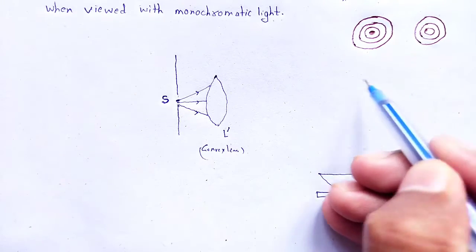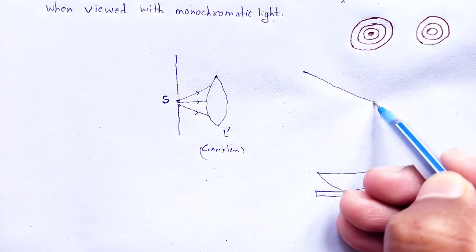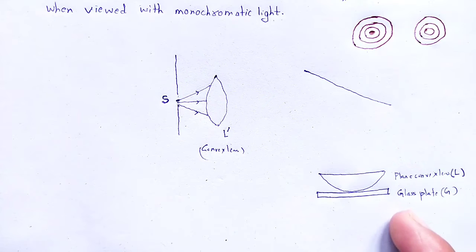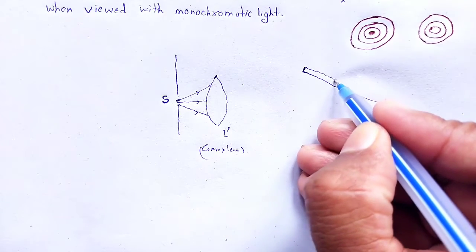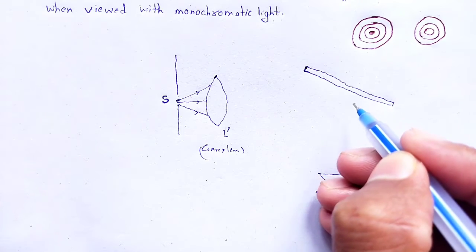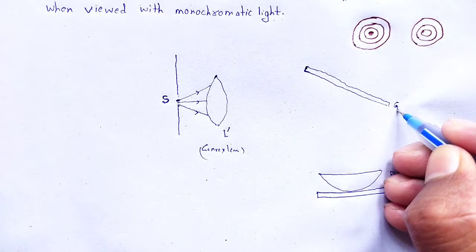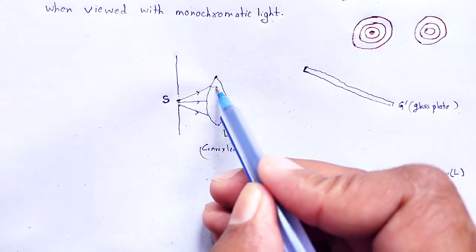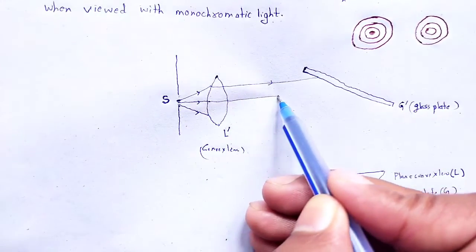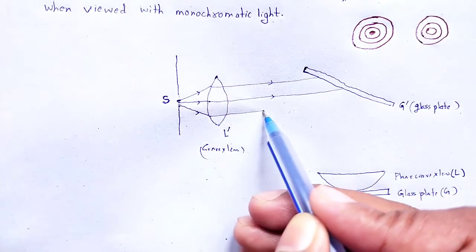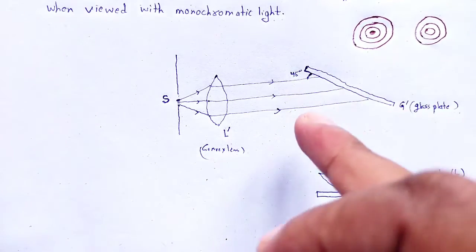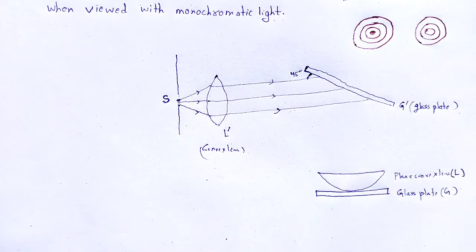Then use a glass plate, of the same material as that glass plate, placed here, inclined at an angle of 45 degrees, that is G dash, which is also a glass plate. So the ray from this source at 45 degrees is taken as normally incident.